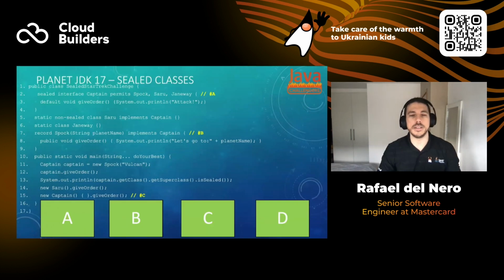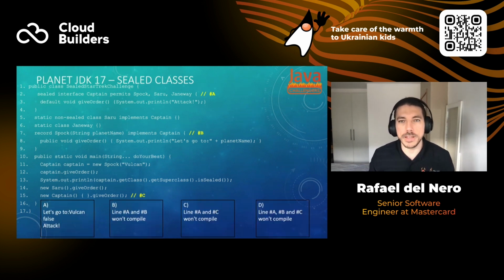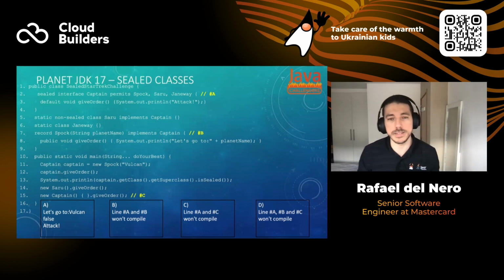JDK 17. So do we still have time for going to this last challenge? Okay, time is over. So I have to rush here. So I can just explain to you why sealed classes are important.